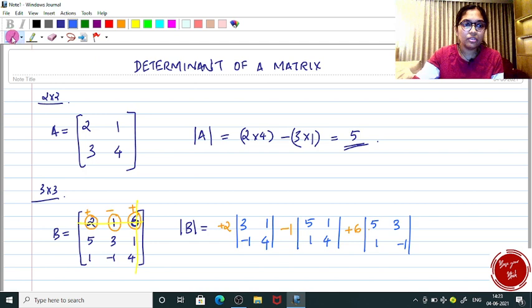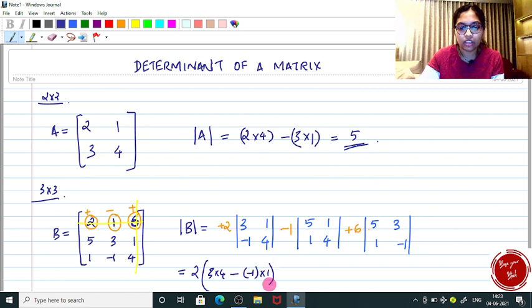Now, as you know, to get the value for determinant of 2 by 2 matrix, it is easy to calculate, isn't it? I have just told the way to find out the determinant of 2 by 2 matrix. Okay, so let's move on. 2 into, start from the principal diagonal elements, 3 into 4 minus 1 into 1.